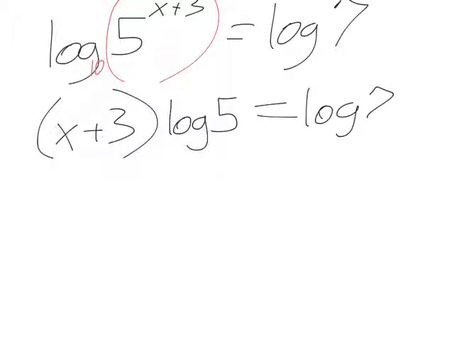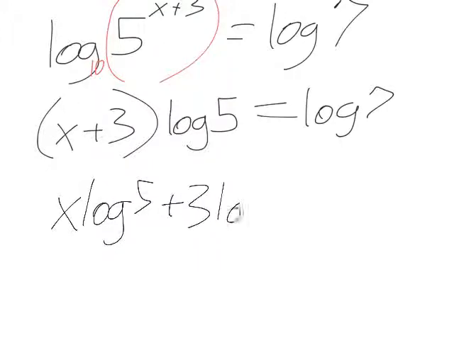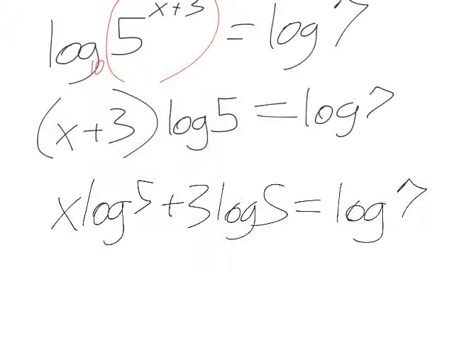But it will give you exact same expression as an approximate number, okay? So if I distribute, I get x times log 5 plus 3 times log 5 is equal to log 7. Okay, still common log all the way through.